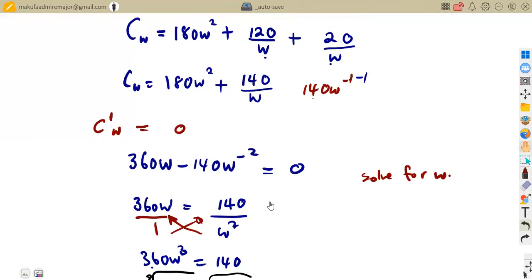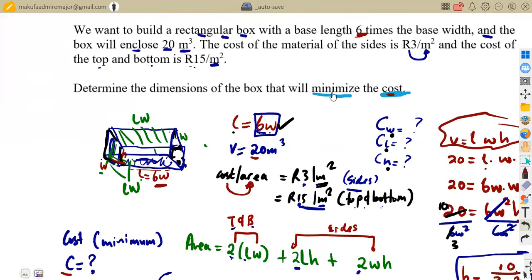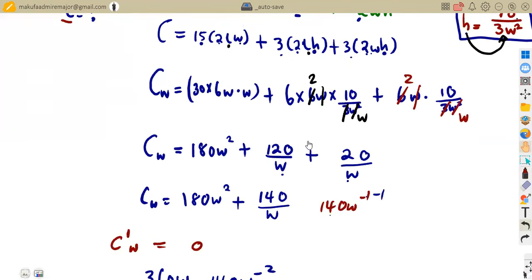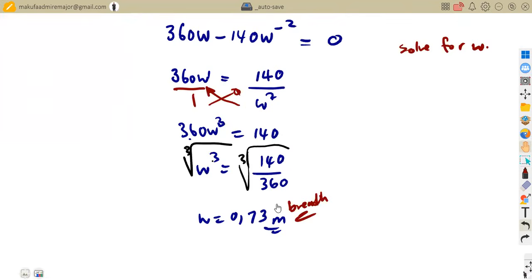Remember, our question is not to find the maximum cost or the minimum cost. No, we need the dimensions of the box that will minimize the cost. So in this case, we calculated our width and obtained the value of the width. Meaning we are supposed to find the height and the length.